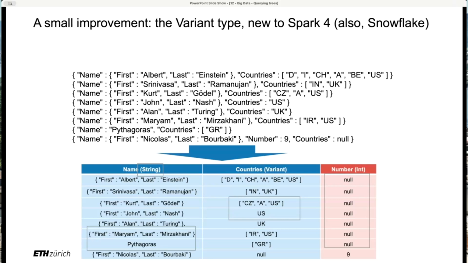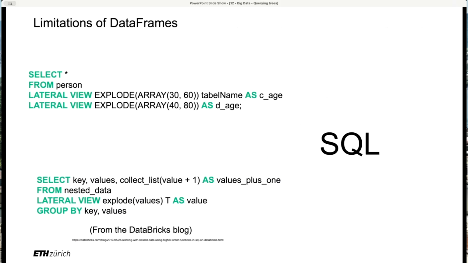More recently, as of Spark 4, which was very recently released, we have the variant type, which also exists, I think, in Snowflake and other systems. It's better, because at least you acknowledge that you have typed data in there. It's not just a string, but you've only pushed the problem further to the user. If you have to query this with SQL, it's still not straightforward in some cases.